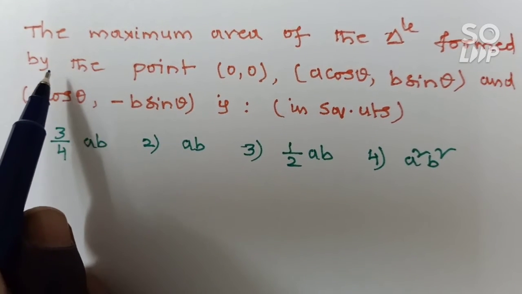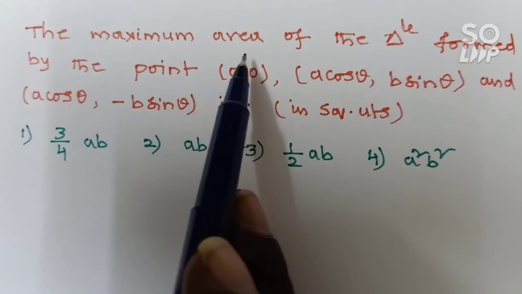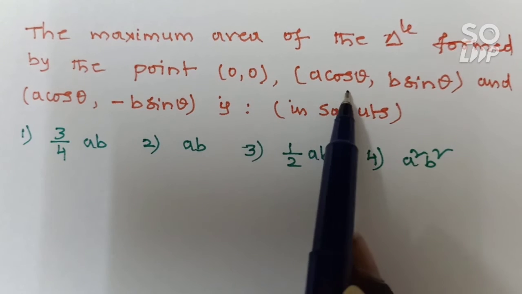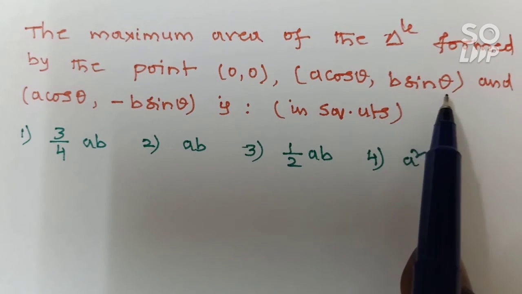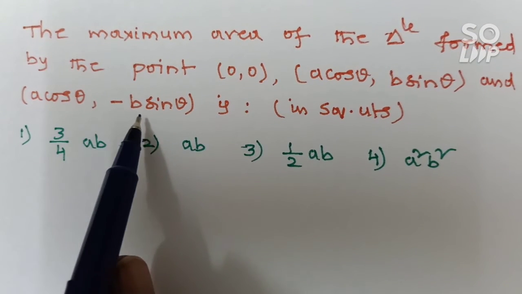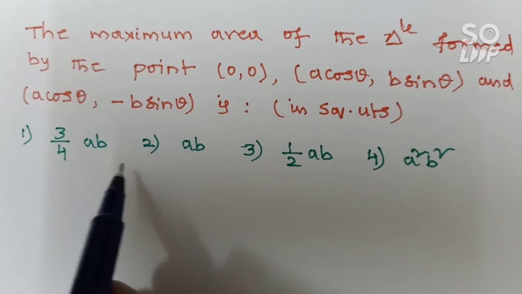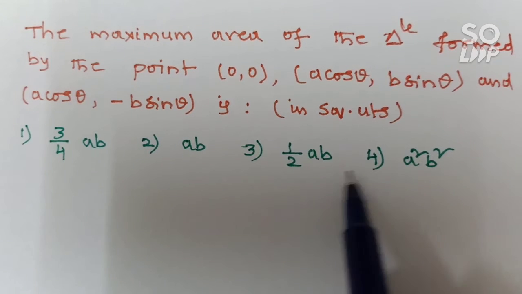In this problem, the maximum area of the triangle formed by the points 0, 0, a cos theta, b sin theta and a cos theta, minus b sin theta, in square units. That means all these options are in square units, right?